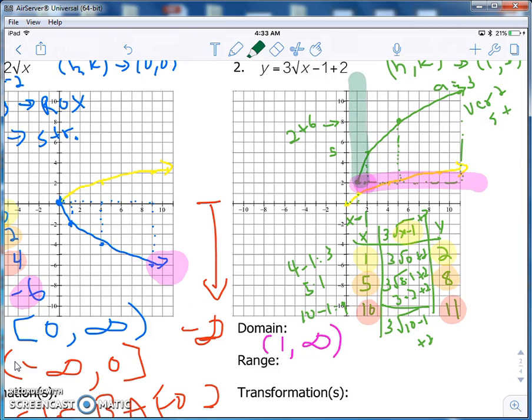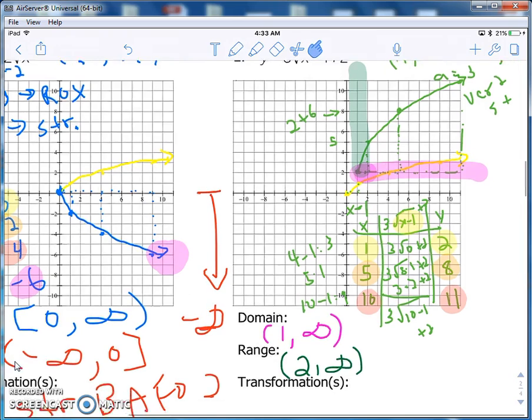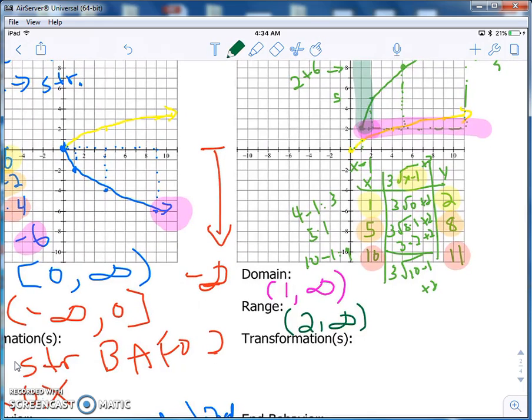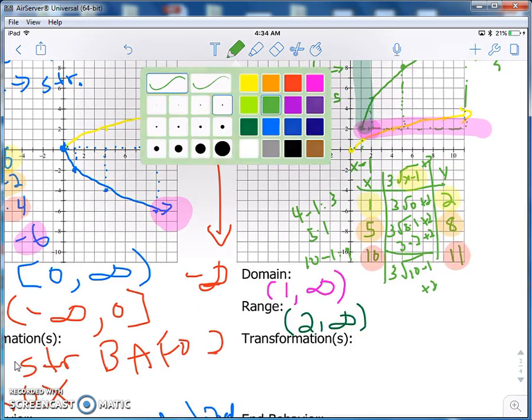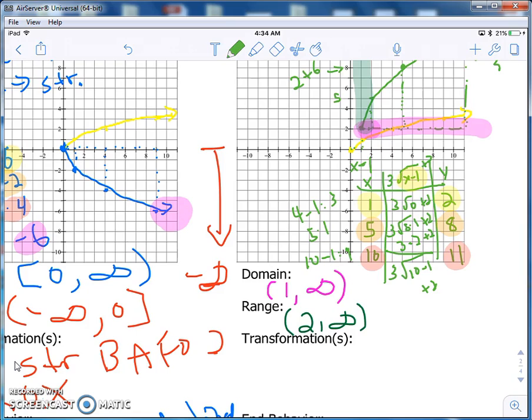Our y values go from 2 to infinity. Our transformations: we went right 1, up 2, so it's a shift.